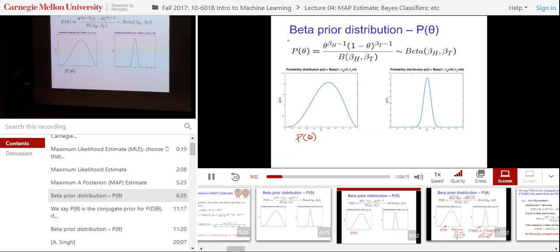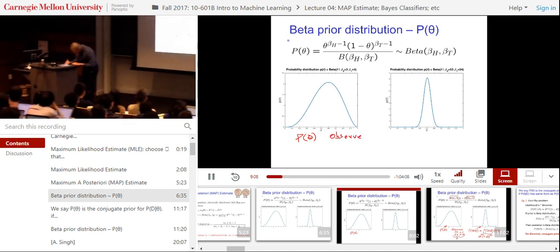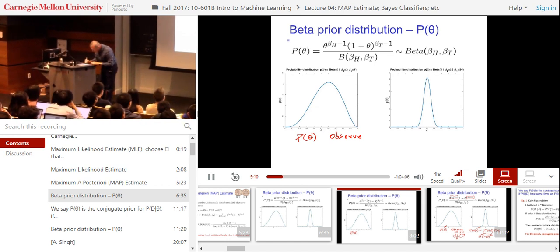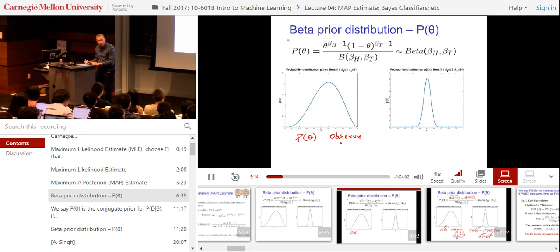Okay, so now suppose I observe 100 coin flips, or 100 draws of my Bernoulli random variable, and I get 50 for which x equals 1, or heads, and 50 for which x equals 0, or tails.